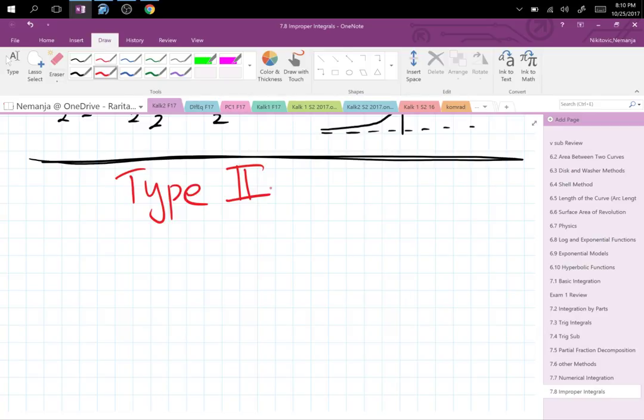The evil part about this is that the problems look the same as a regular Calc 1 problem. And then you try it, and if you're not careful, you solve the problem and you get the wrong answer. A typical example of the wrong thing to do is to calculate 1 over x from -1 to 1.